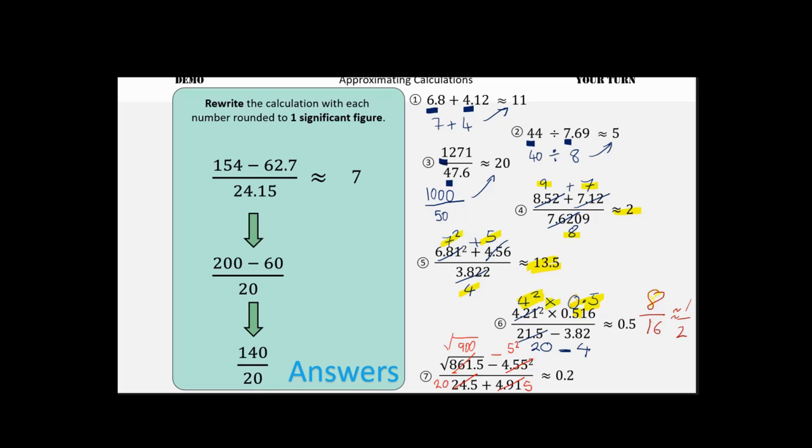So on the top row, the square root of 900 is 30, and from that we're taking away 25, and on the bottom part of my fraction I have my 20 plus my 5.